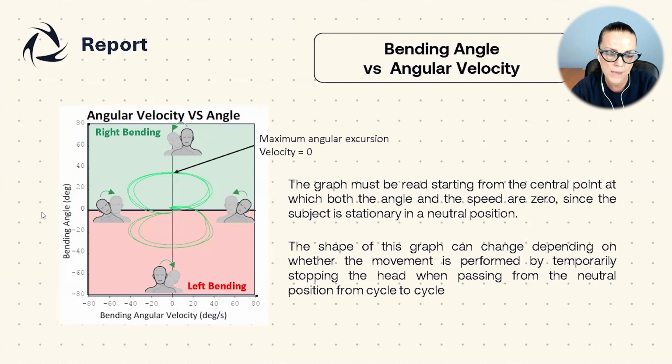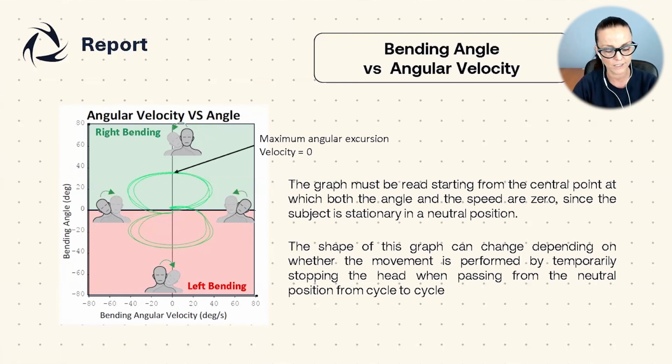There are so many ring curves because many cycles have been acquired during the acquisition phase. The graph must be read starting from the central point at which both the angle and the speed are zero, since the subject is still in the neutral position, of course.